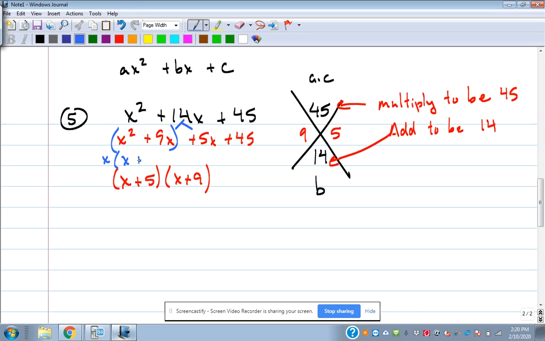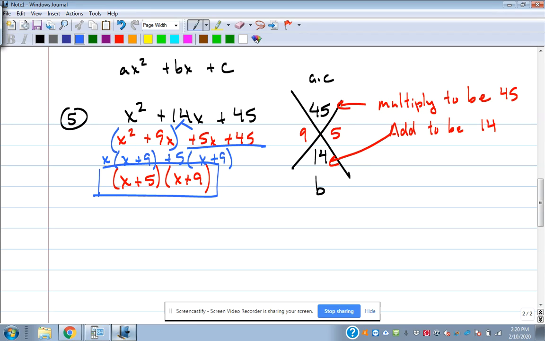GCF is x. Second 2 together, GCF is 5. And then the factors, you got a matching factor, that's the x plus 9, and then the stuff in front is the x plus 5. So, but if there's a 1 in front, you can go straight to those factors here.